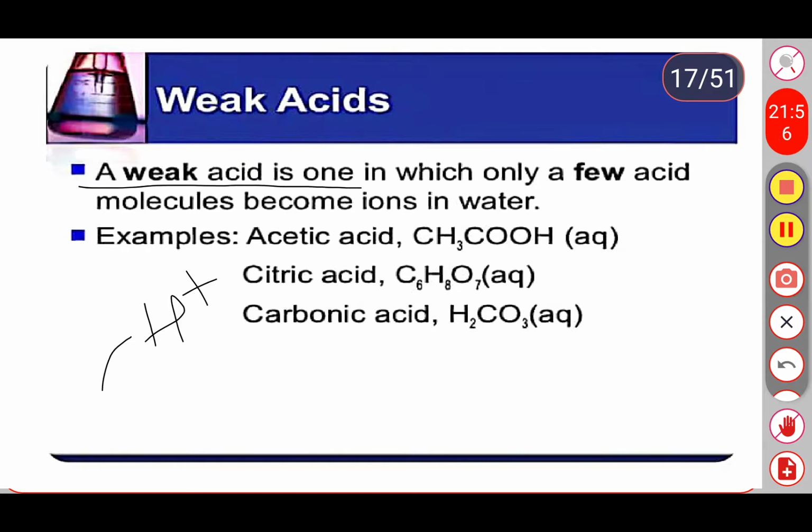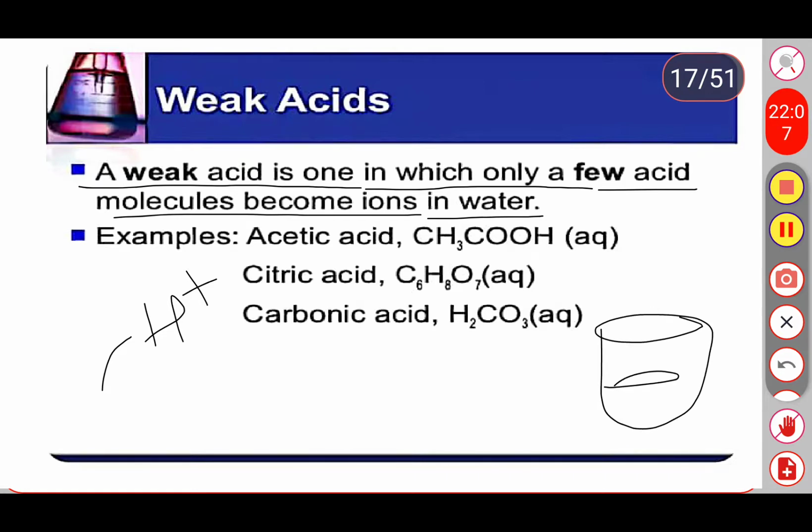A weak acid is one in which only a few acid molecules become ions in water. It means the acidic substance is not completely dissolved in water.